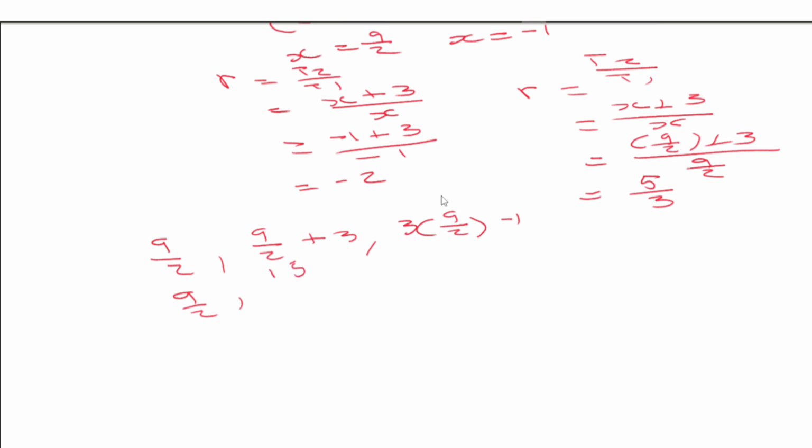So 9 divided by 2 plus 3 is equal to 15/2, then comma, 3 multiplied by 9 divided by 2 is equal to that minus 1, which is 25/2.